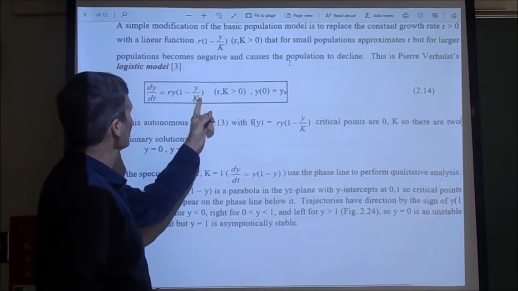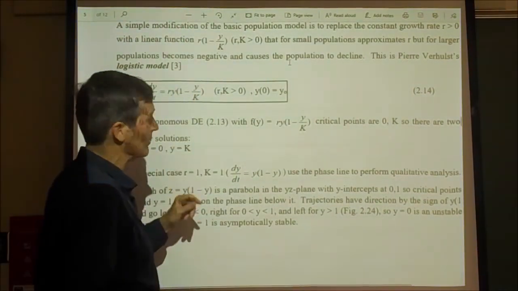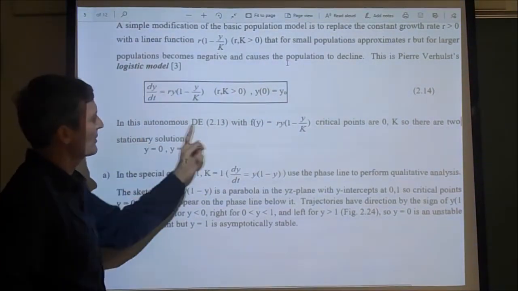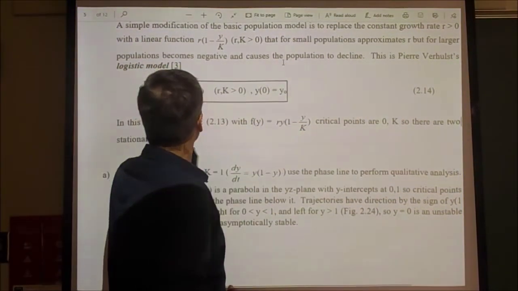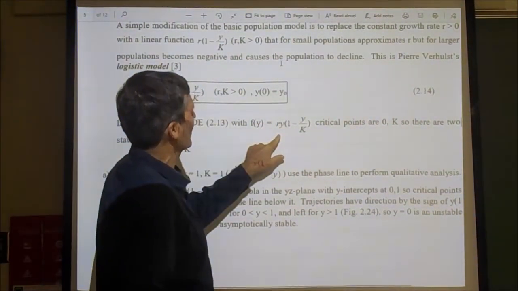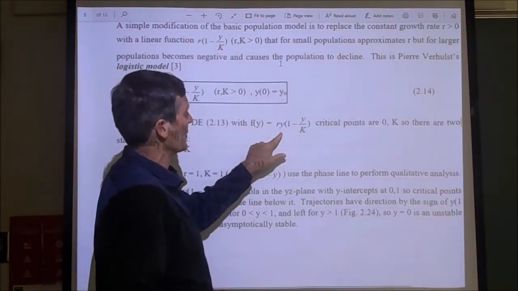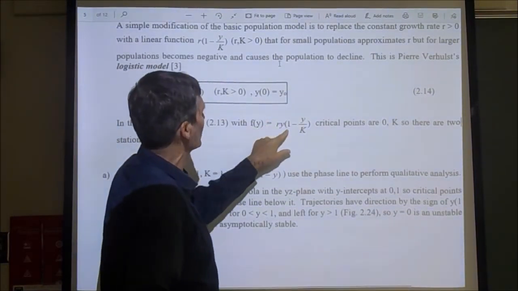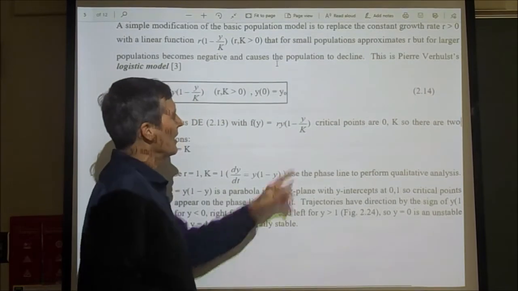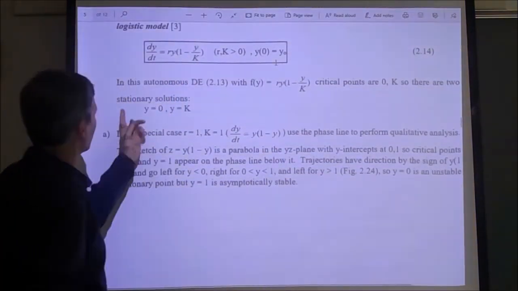If you put y equals k, then the right side is 0, so y equals k is a stationary solution, a constant solution. So we've noticed that. We first factor the right-hand side. It's dy dt equals f of y alone. We look at this. What are the values of y that make it equal to 0? Those are the critical points. Y equals 0 is one, start with 0 population. Y equals k is another from this factor. There's only 2 critical points, stationary solutions.